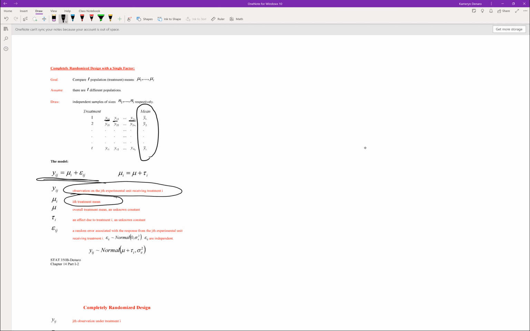Okay, we could further decompose this mu I to be mu plus tau I, where mu itself is the overall treatment mean, and tau sub I is the effect due to treatment I. So you could set your model up to be Yij equals mu I plus epsilon ij, or you could say Yij is equal to some overall mean plus the treatment effect tau I plus epsilon ij, right?